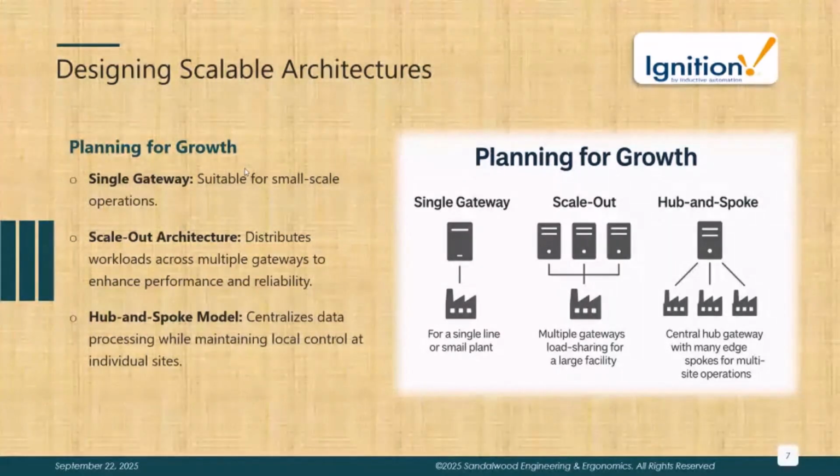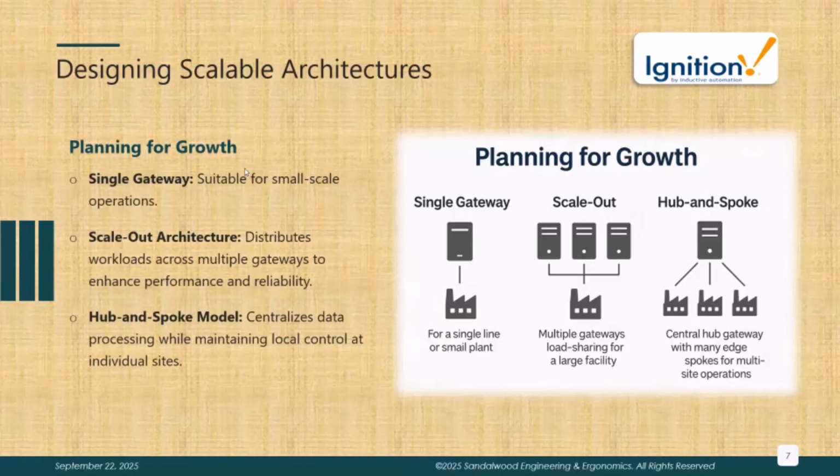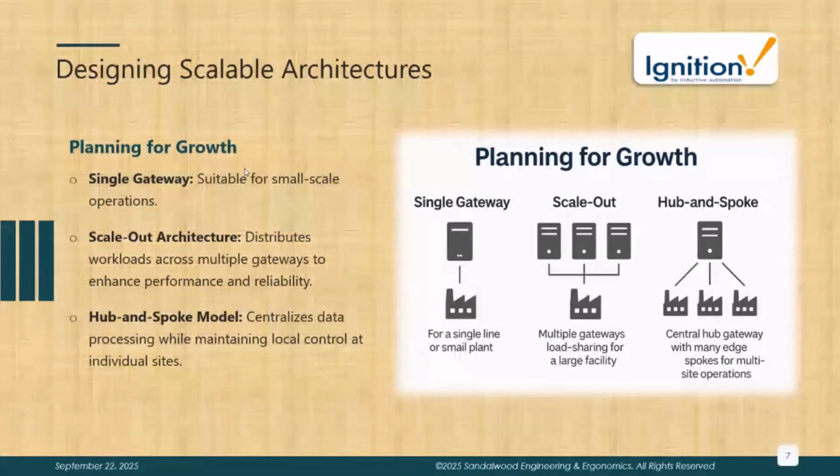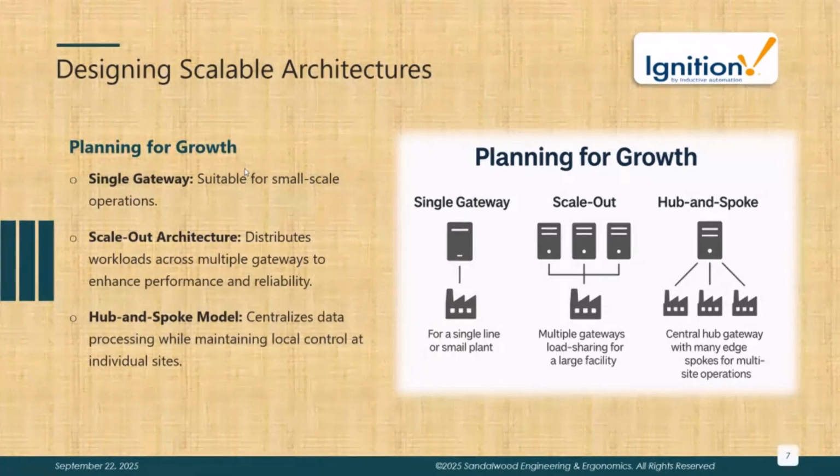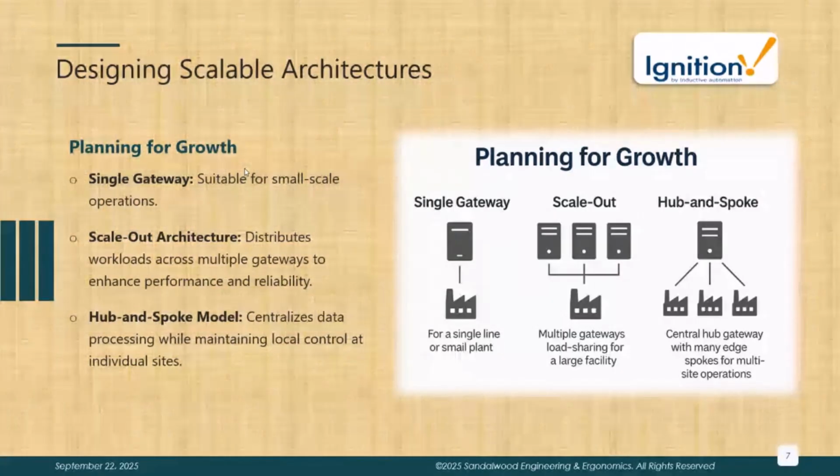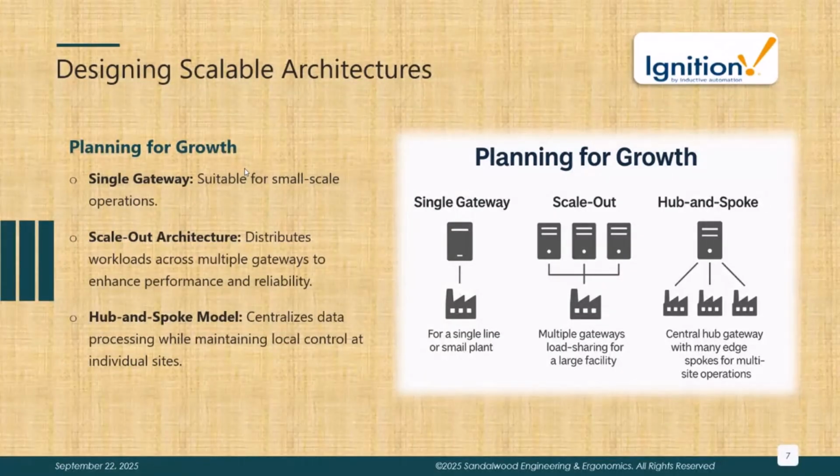A good example would be, as more and more production lines come online, we can add additional gateways to distribute the workload without re-architecting that platform, right? The last one would be a hub and spoke, where we have a central server or central processing unit that's taking all the data from all local gateways, transforming that data, and acting as a master hub.